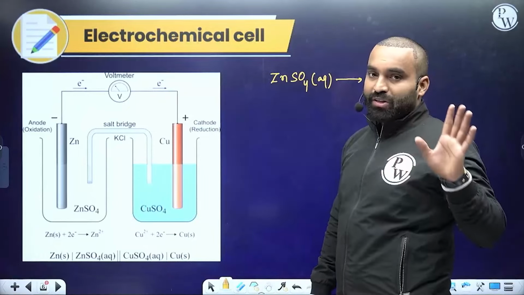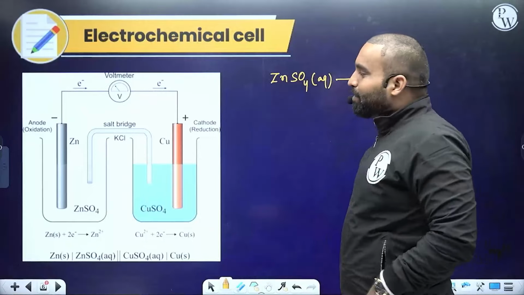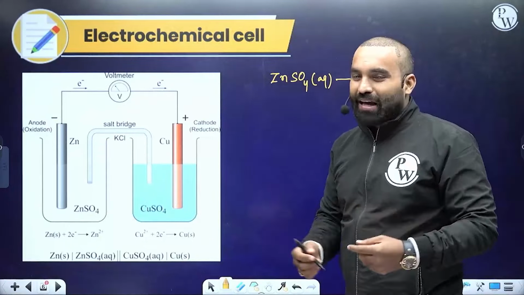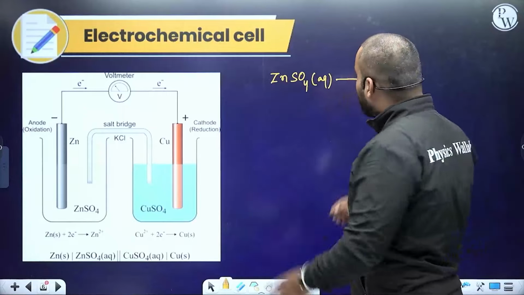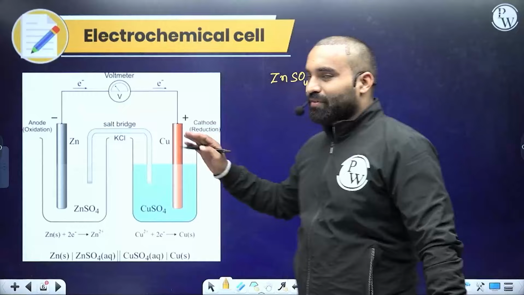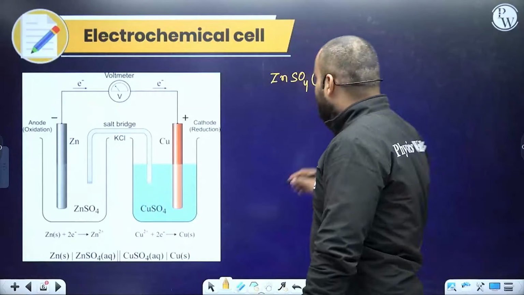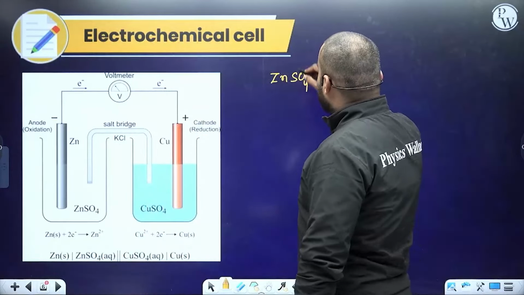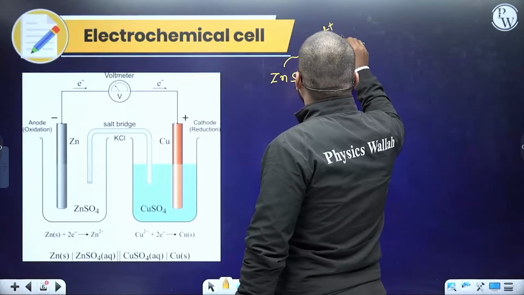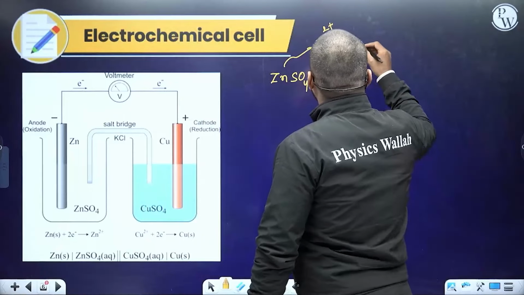Inorganic chemistry is my first love, and I will keep asking you inorganic chemistry questions during physical as well as organic chemistry revision. Zinc sulfate solution is colorless. So why is it colorless? Zinc, what's the oxidation state? Zn2+. What is the electronic configuration?